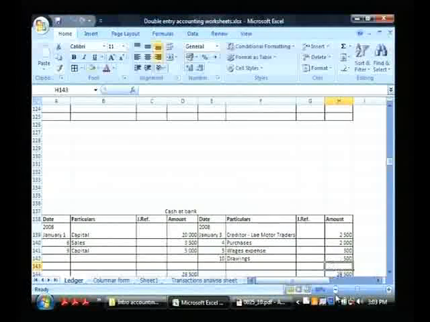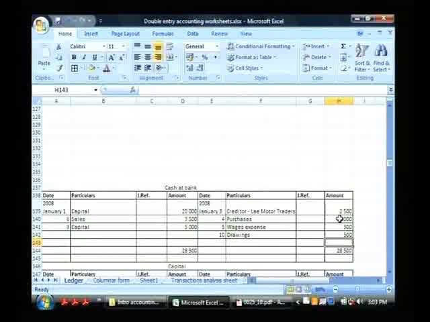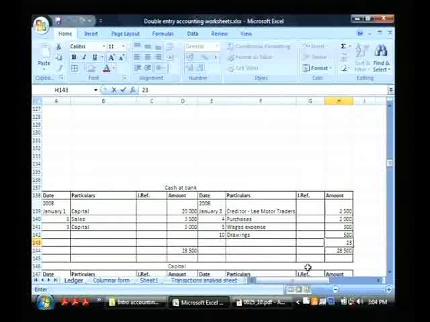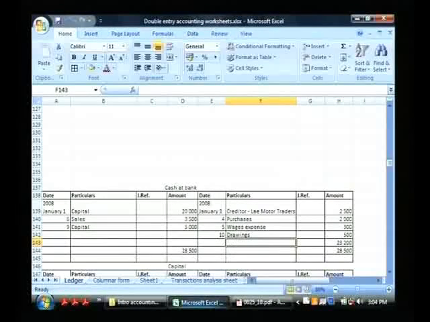Then the total is 2,500, 2,000 and 800, 5,300. Then the balancing figure is 23,200, the difference between the debit total and the credit total.